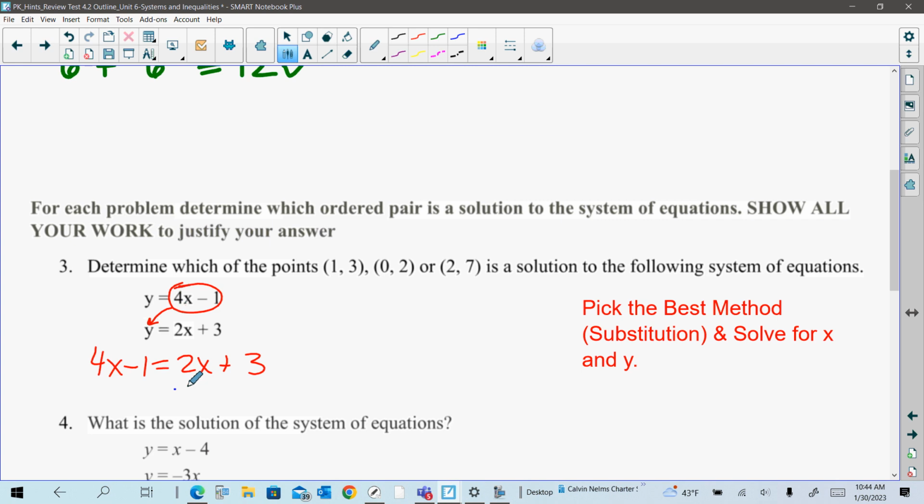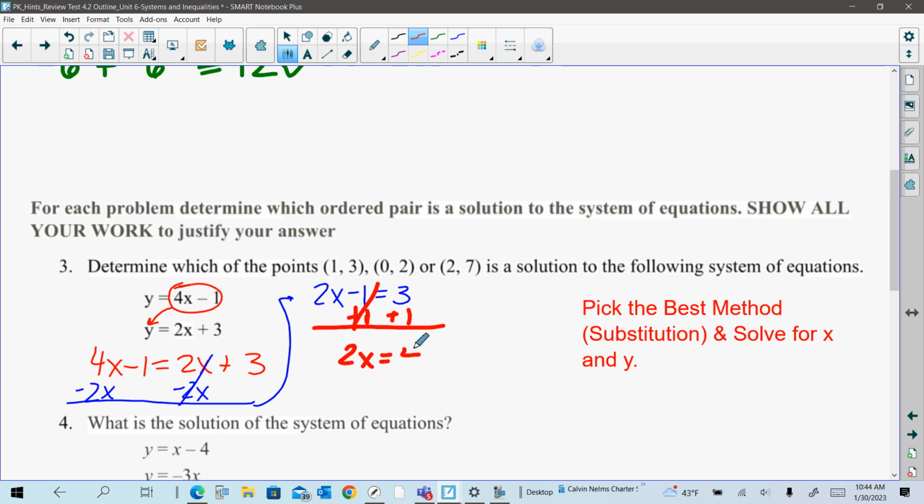I don't have like terms. Minus 1 on each side, plus 2, minus 2, plus 1. Start with the smallest x, guys. This becomes 2x minus 1 equals 3. X equals what? X equals 2.